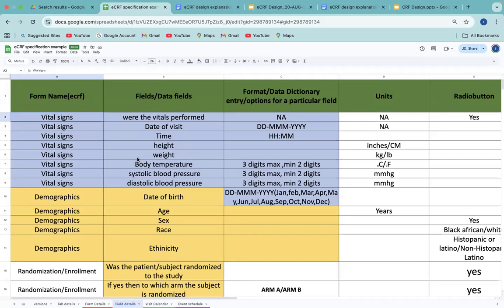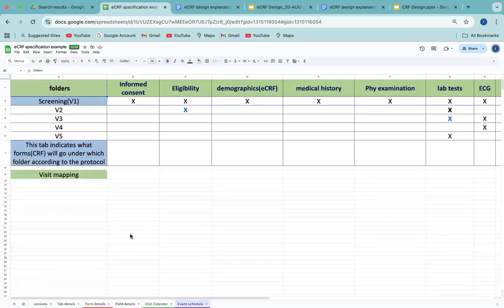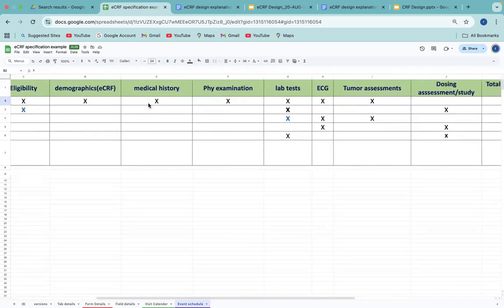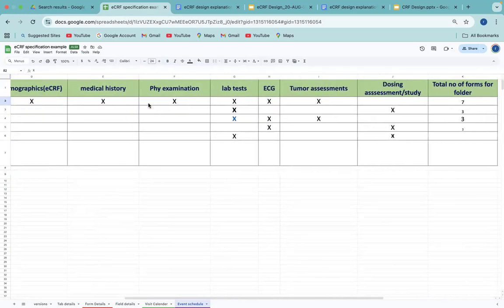Now, what are the vital signs performed? If you look into these details, what are the different assessments for each visit? For example, for the screening we will use the informed consent, then eligibility, demographics, medical history, physical examination.